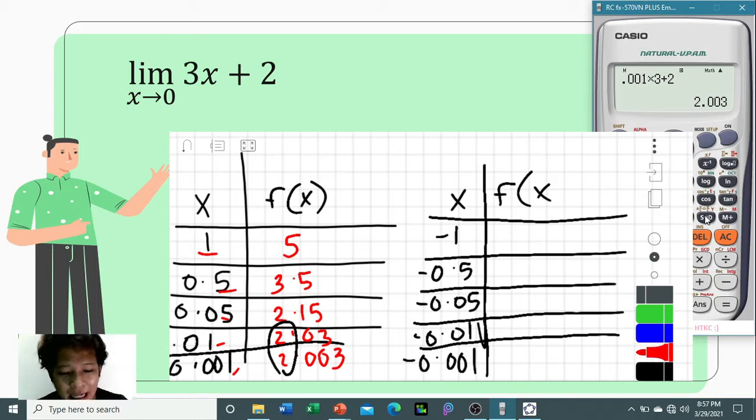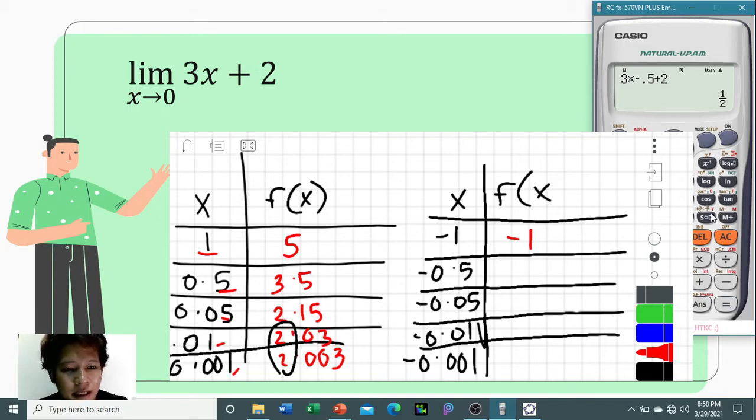So, using our calculator, we would determine the value of f of x as x approaches 0 from the left. So we would have 3 times negative 1 plus 2. That would be negative 1. So we have negative 1 here. And then we would also have 3 times negative 0.5 plus 2.